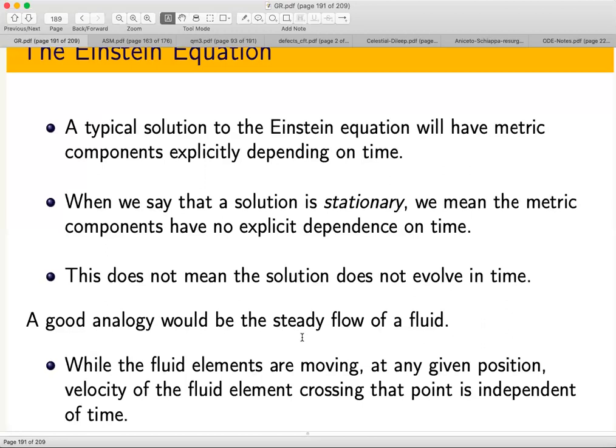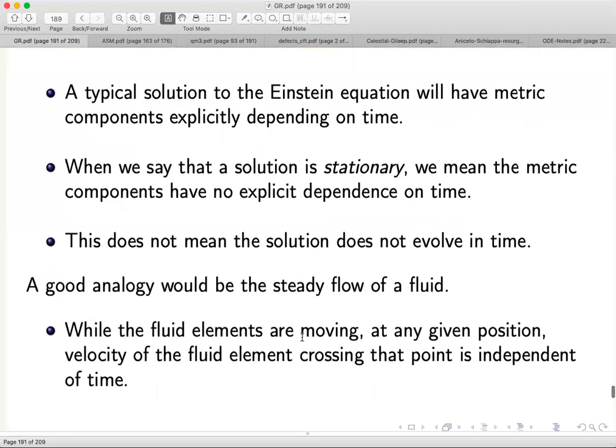Suppose you are looking at a river, water is flowing, but you are looking at a particular spatial point in the river, and you are not following a particular liquid drop inside the river. So at every instant of time, there is a different water drop which is crossing that point, right?